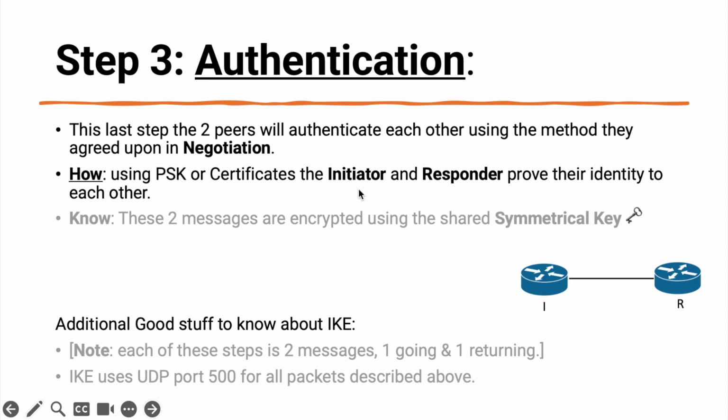The initiator and responder prove their identity to each other. Before they move on to the next phase, remember it's going to be IKE phase 2, and that's the actual IPsec tunnel, they want to make sure that who they're talking to are who they expected, who they thought they were talking to. So authentication, that's what it is, isn't it?